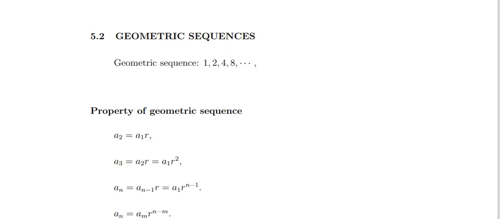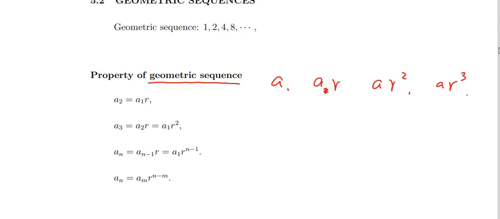In general, if the first number is A1, then the second number is A1 multiplied by some number, and the next is multiplied by the same number R, right?